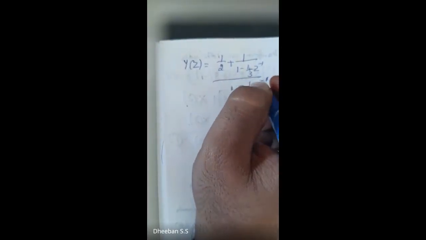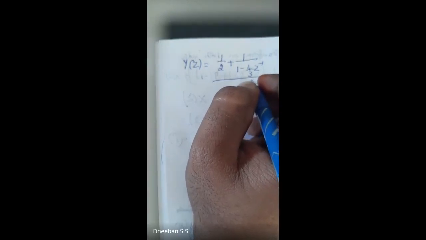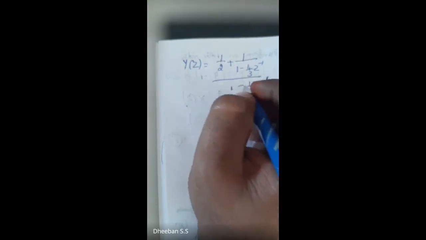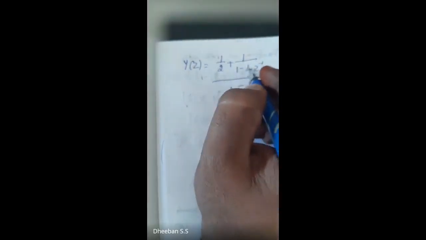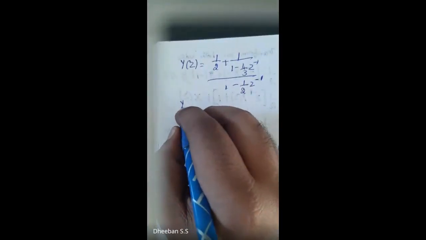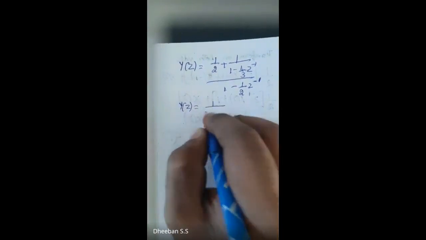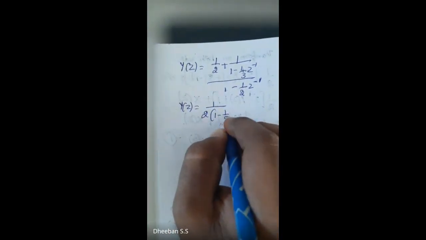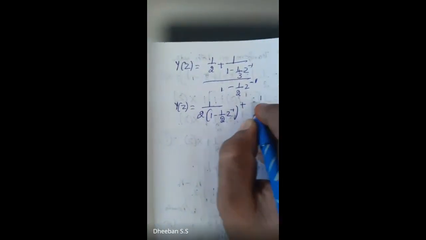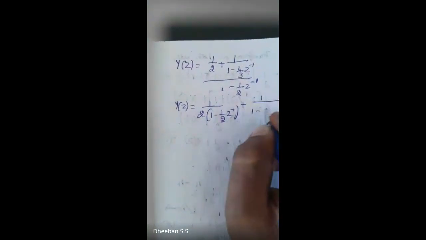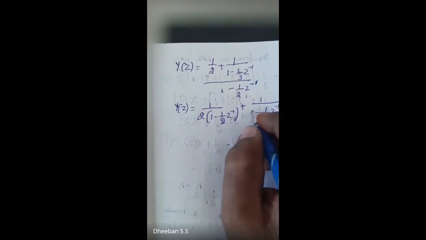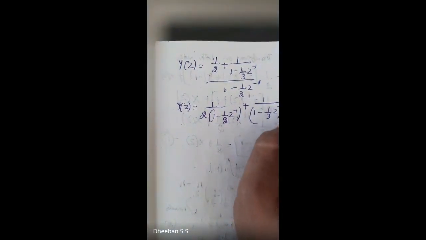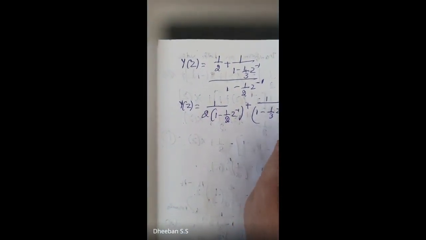Okay, so this is a common denominator. It will be applicable for both the fractions in the numerator. So you have to take y of z is equal to 1 by 2 into 1 minus 1 by 2 z power minus 1 plus 1 by 1 minus 1 by 3 z power minus 1 into 1 minus 1 by 2 z power minus 1.